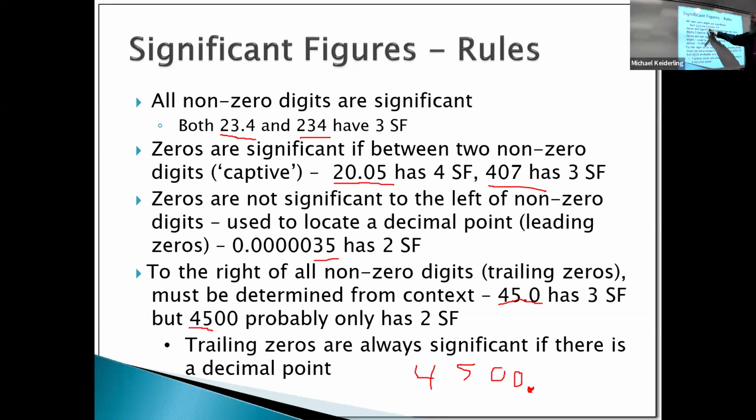Everything in there is not a 0, they're all significant. Any 0 that's in between non-zero digits, captive zeros in the middle, are also significant. So 20.05 has 4 significant figures because these zeros are in between non-zero digits. And 407 has 3.